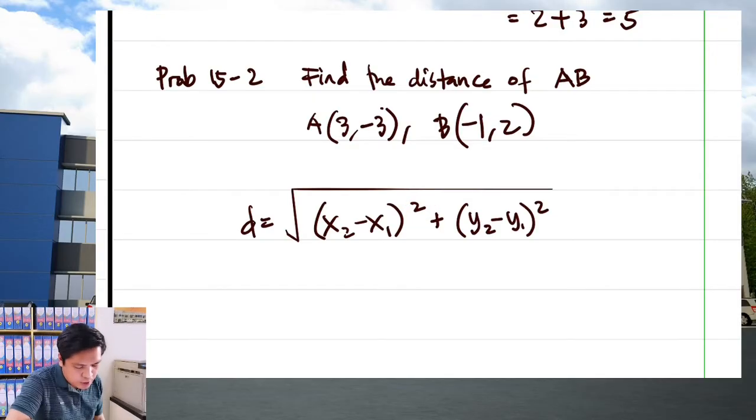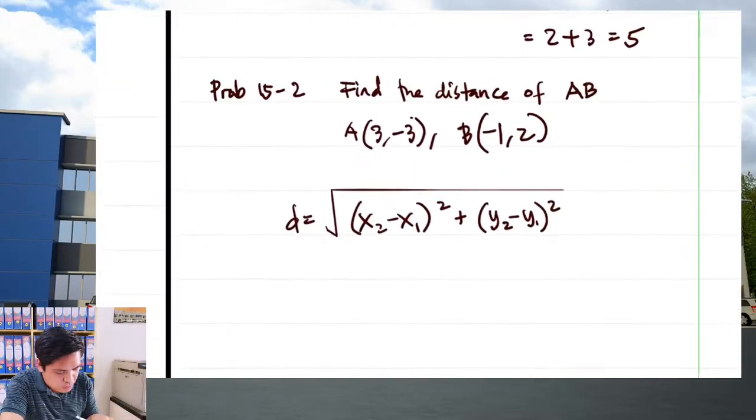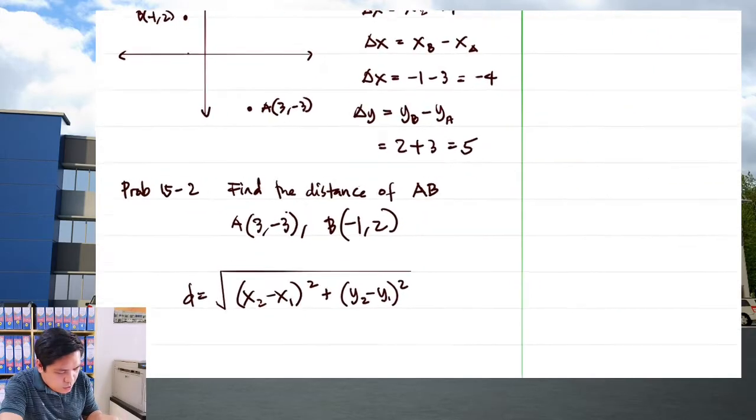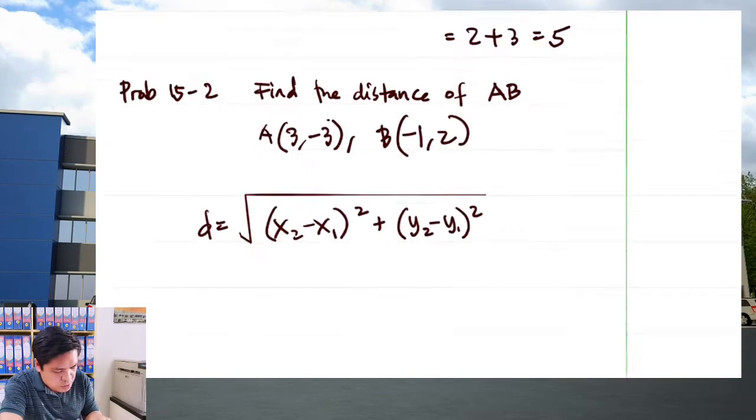But in this case, let's follow the description in the original problem. So our second point is still B and the first point is still A. And anyway, we already solved for those changes. That would be -4 and 5. So I will just substitute.